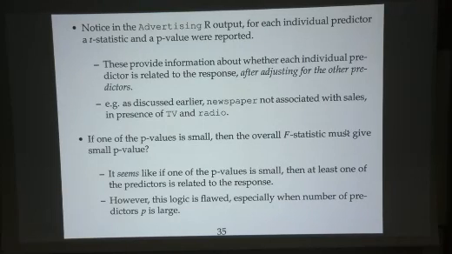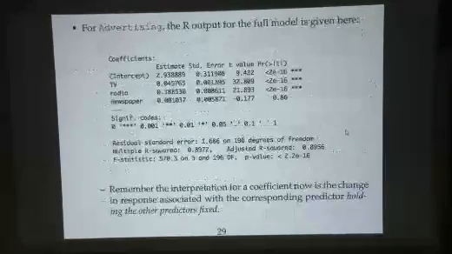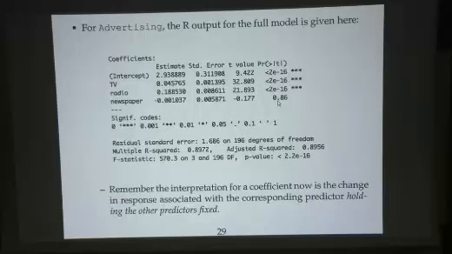So, there is also additional information in the R output. You have individual p-values. They say that if you fix the other predictors, suppose you fix newspaper and TV, and you want to evaluate the effect that radio has on the sales, then it says that this is significant.